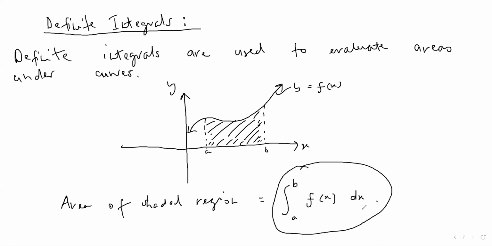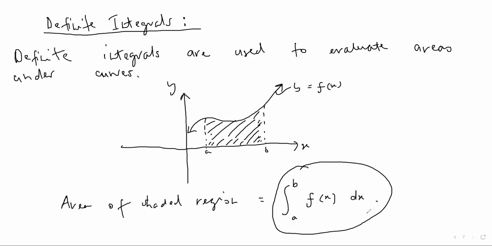When you evaluate this integral, the result will be the area of the shaded region, which is the area under the function f of x between a and b.